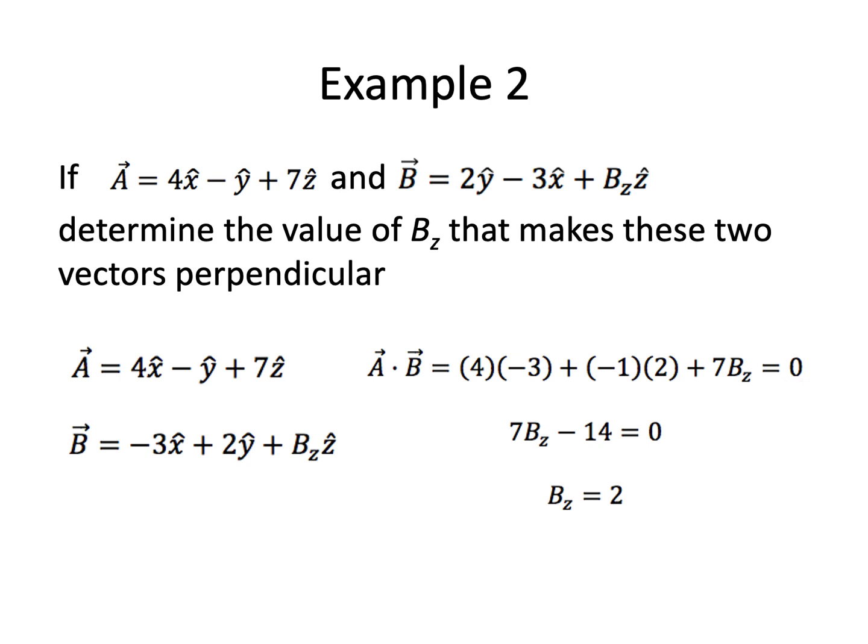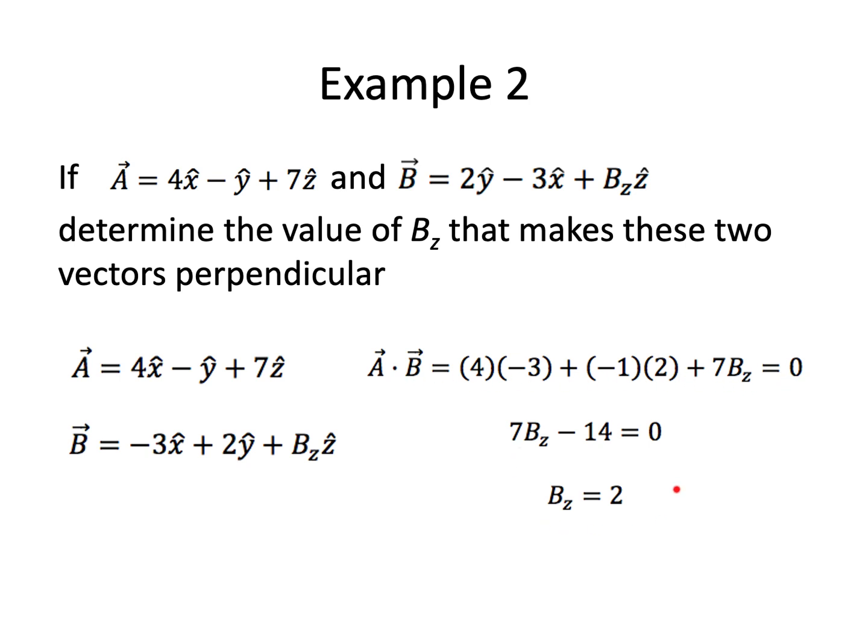And so here I've got minus 12 minus 2. That gives me minus 14 plus 7bz equals 0. And so if I solve this for bz, I get that bz is equal to 2. In other words, that's the value of bz that makes the scalar product equal to 0.